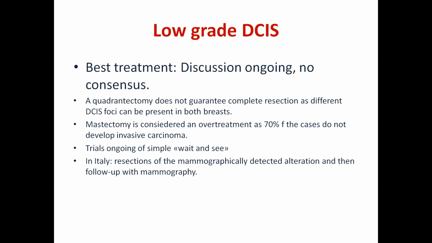We try to reduce as much as possible the risk of this patient without making overtreatment. I don't know which is correct. I just propose to you what is going on at this moment. So is it clear now on low-grade DCIS? Okay, so I will go on, and then if you have questions, we will discuss at the end.